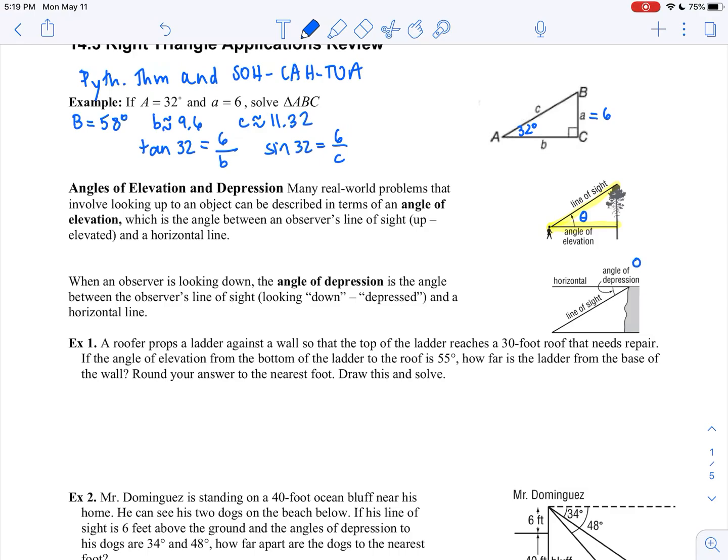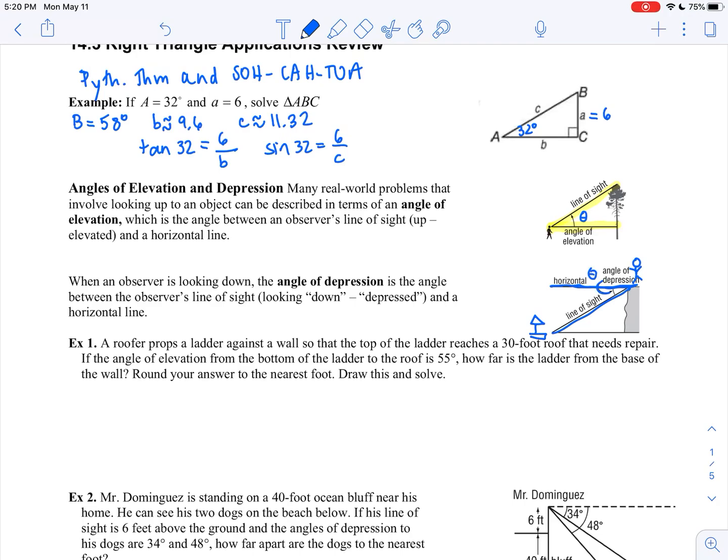Versus if a person is standing at the top of a cliff, and from that top, your horizontal, and I really should be drawing it to where the horizontal is coming from the line of sight of that person, and the angle that's measured from that horizontal with the line of sight, if that person's looking down at, say, a boat, that angle measured from the line of sight with the horizontal is called our angle of depression.